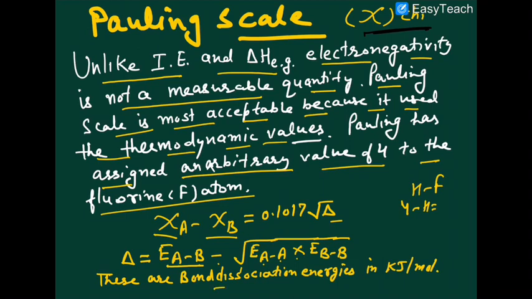So simple. That formula is applicable when values are given in kilojoule per mole. In the thermodynamic table, all the values are given. If you go back to your NCERT book, in the back pages, all the bond enthalpy values are written there. So you can check that.